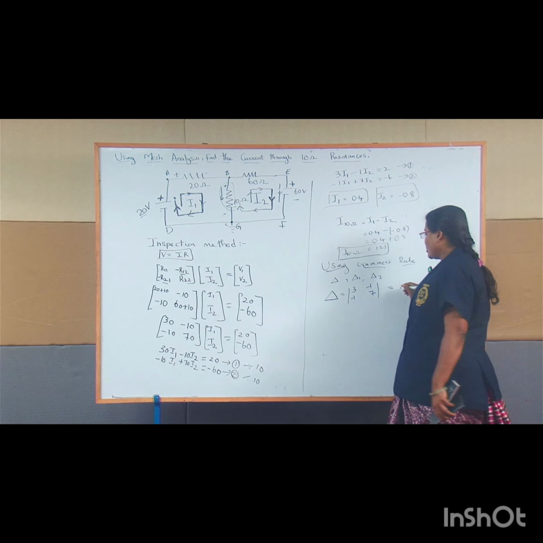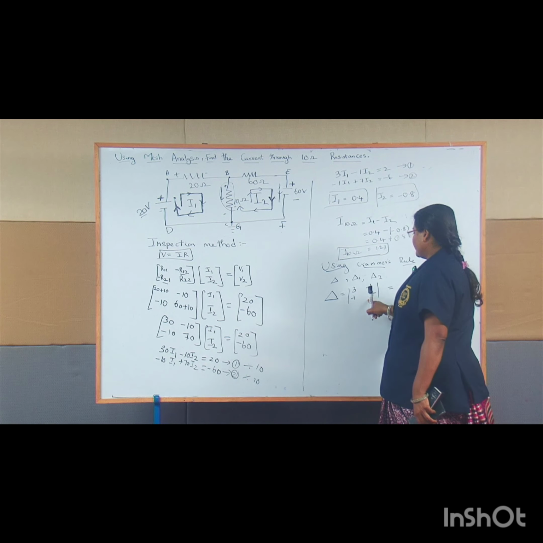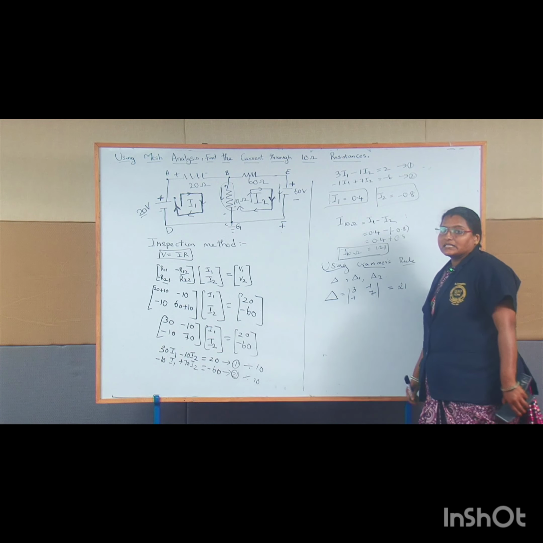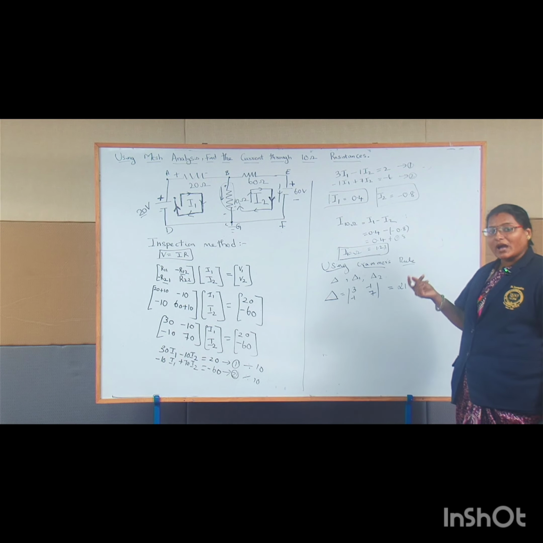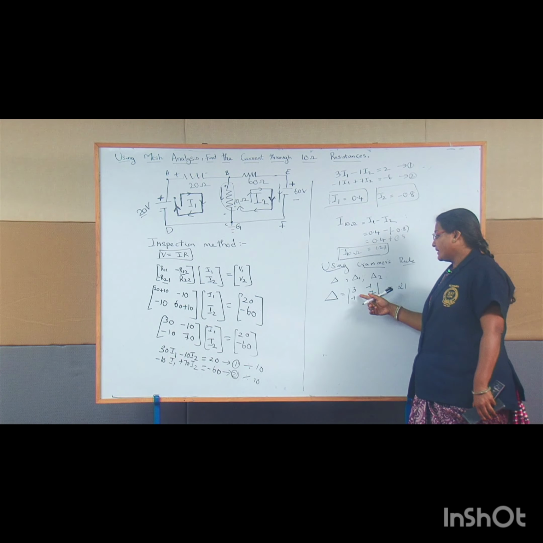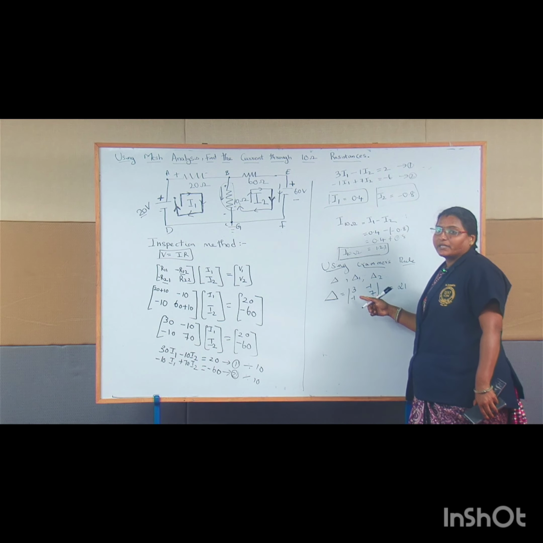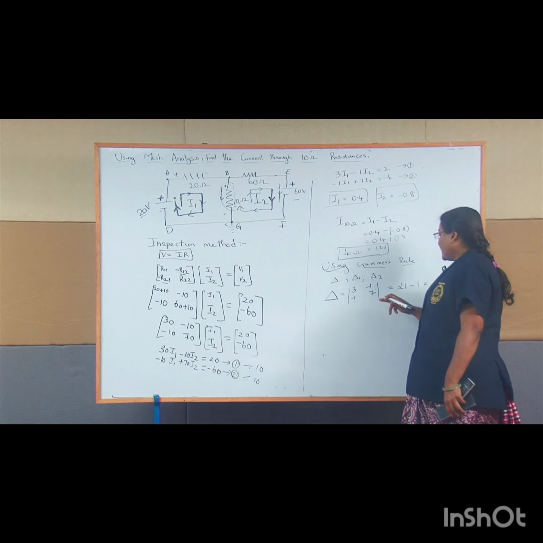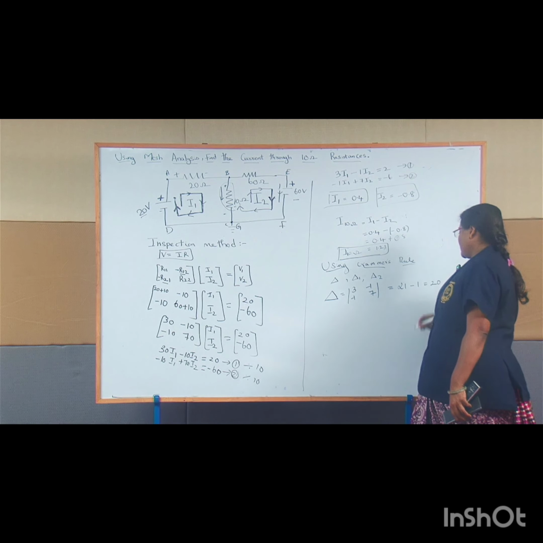So, 7 into 3 is 21, minus minus becomes plus, plus into minus, minus, 1 into 1, 1. So, you will get del as 20.